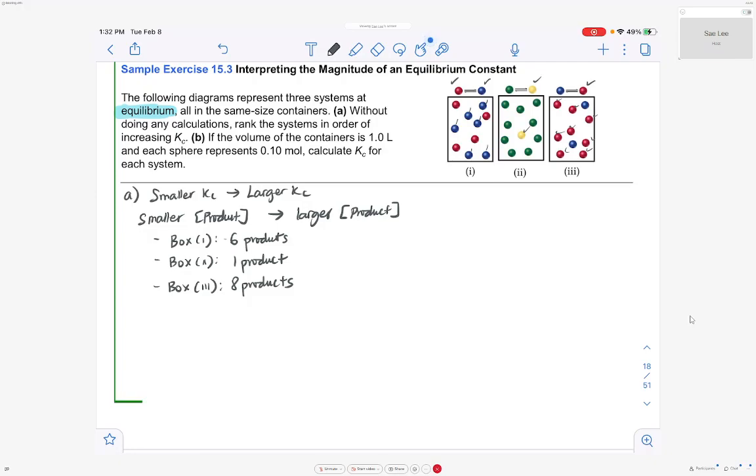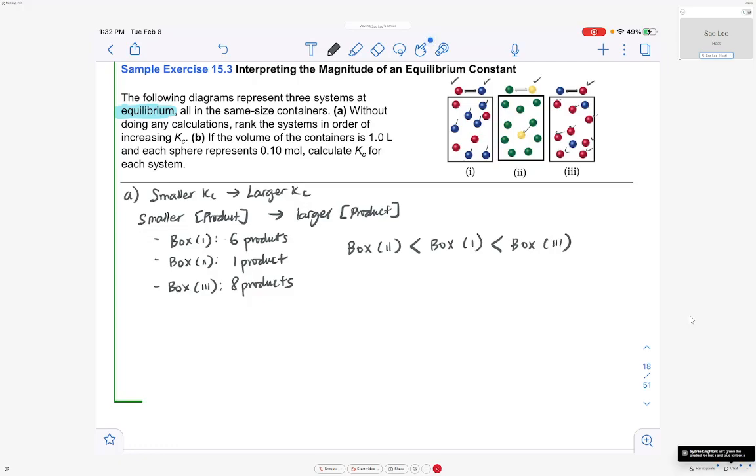So product concentration is lowest in box 2, then followed by box 1, and then box 3 has the highest concentration of product.